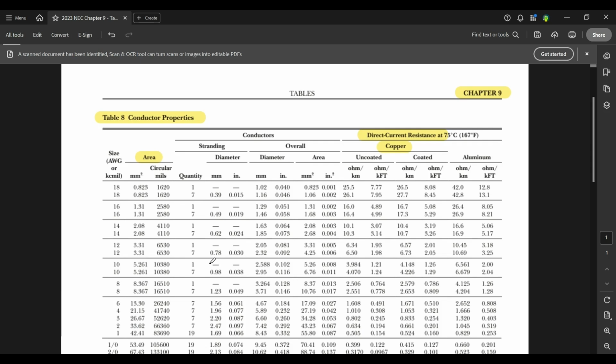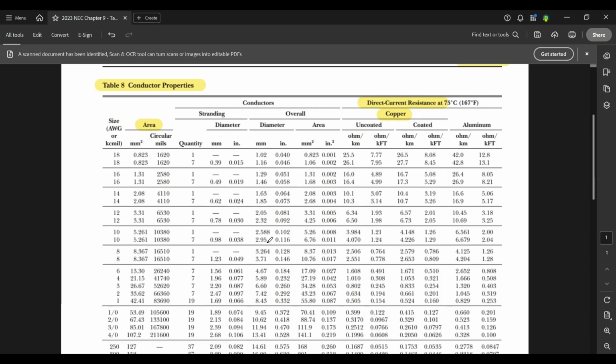For conductors of 1 aught and smaller, the difference in resistance from DC resistance to alternating current resistance is considered negligible, and so that's why it's not included. This is a general rule of thumb and not something set in stone.